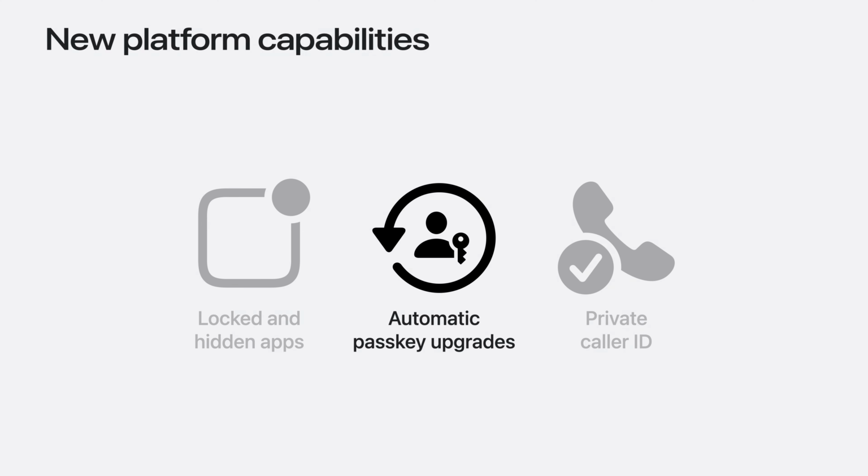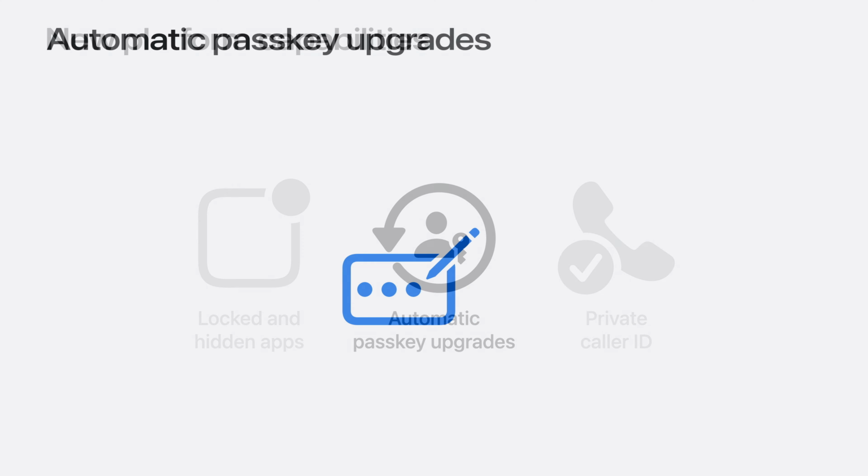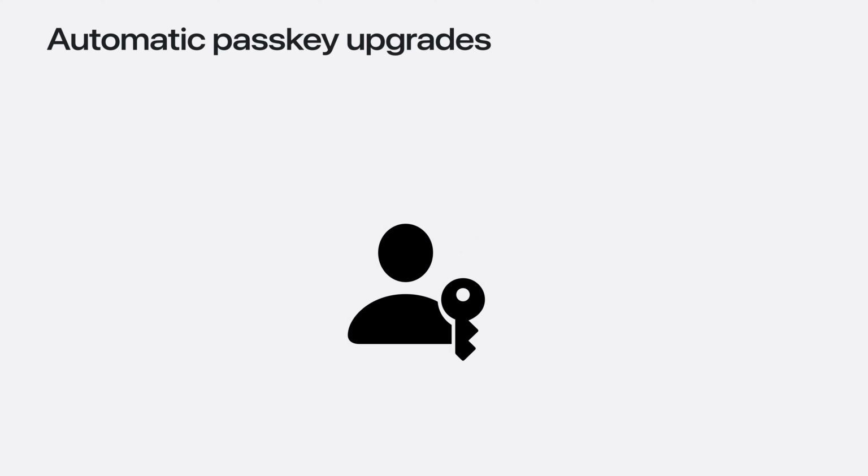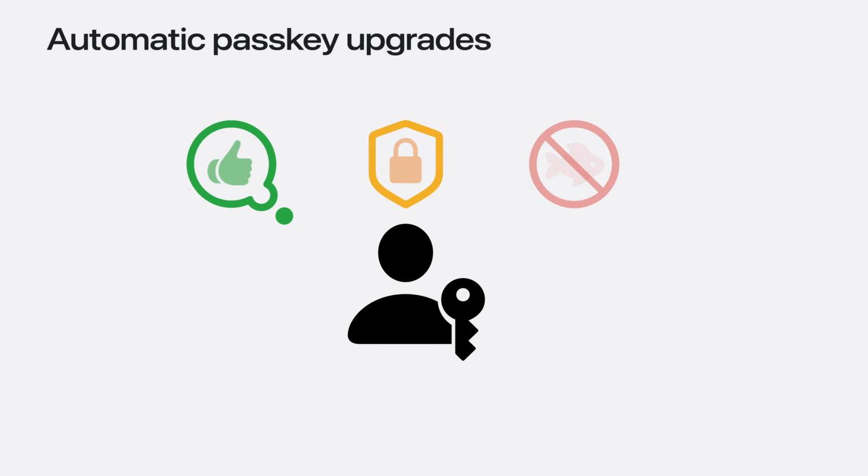Another way that you can secure the personal data that lives in your apps is by adopting passkeys with automatic passkey upgrades. Managing the lifecycle of the many passwords that secure all of our accounts can be a tiring and repetitive process. Passkeys are a standards-based password replacement that are easier to use, far more secure, and resistant to phishing.